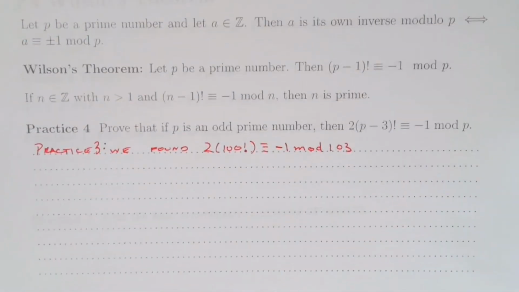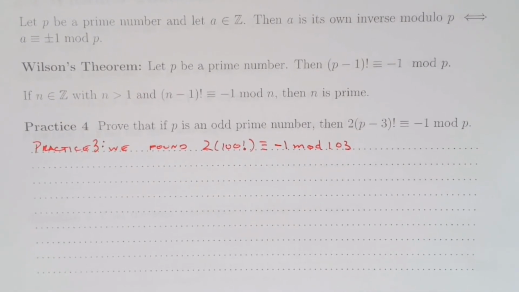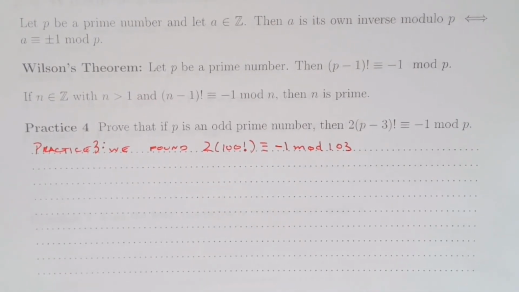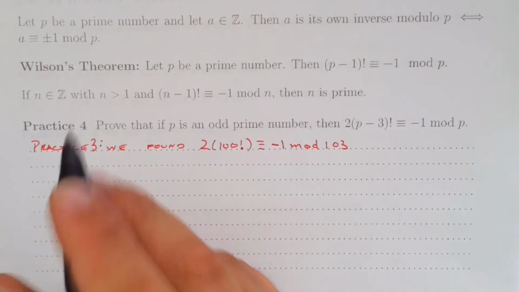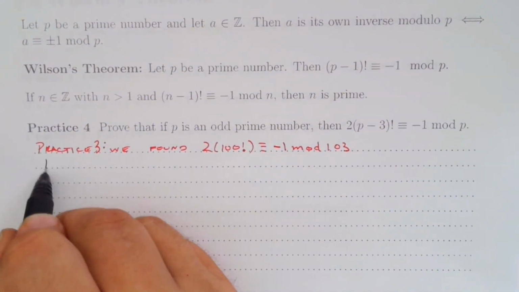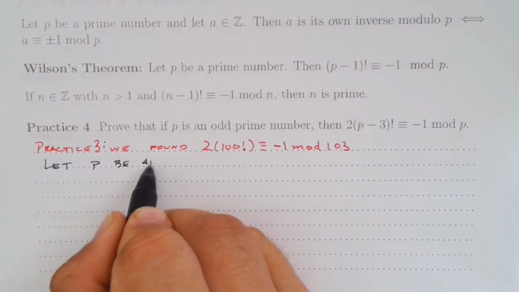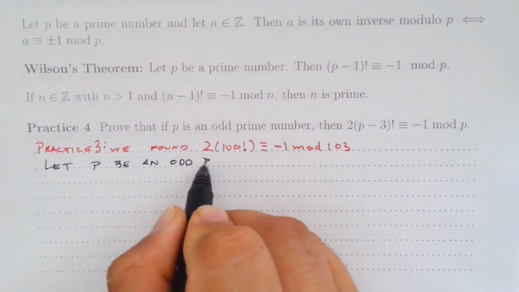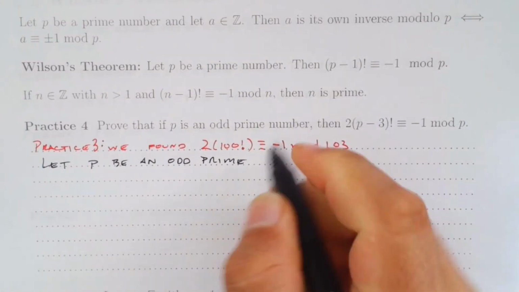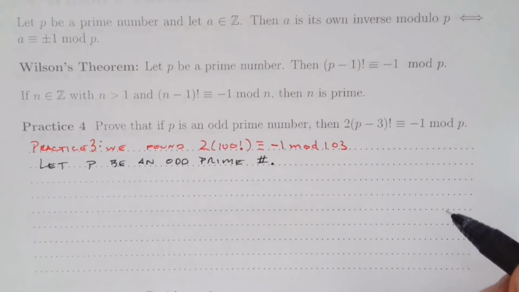So how are we going to do our proof now in this situation? Well, here's what we can do. We're going to let p be an odd prime number.